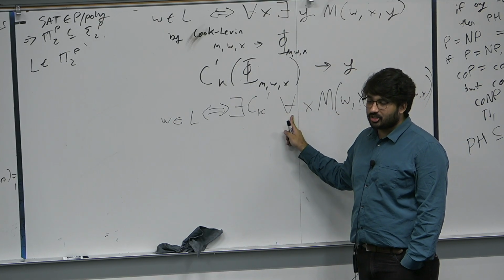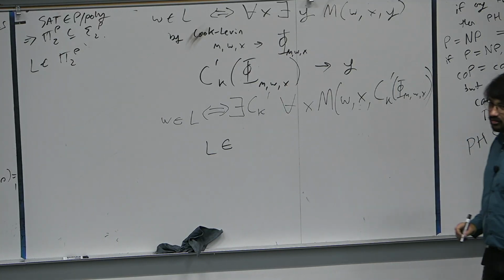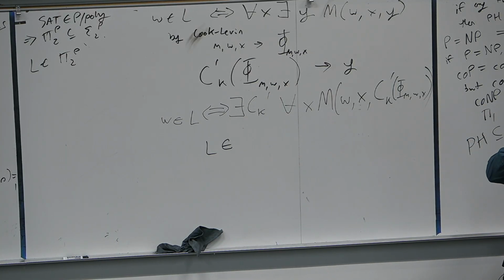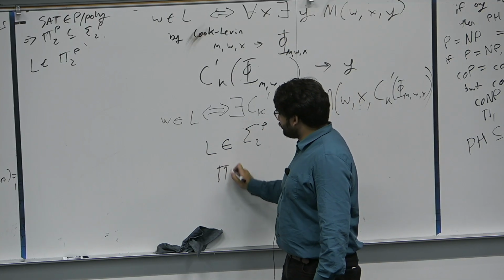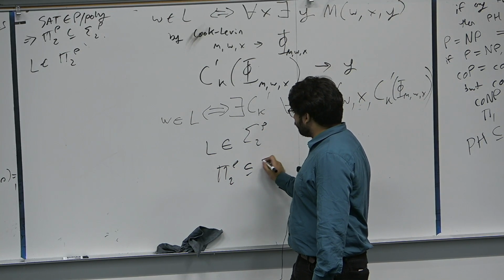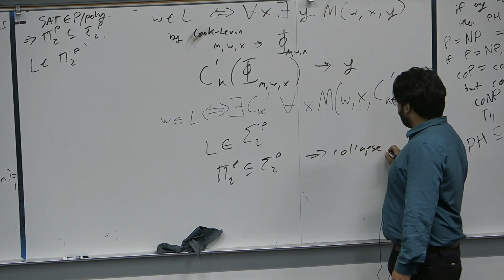So up to the logical definition, this tells you that L is an element of what? Sigma 2, exactly. So that implies that Pi 2 is a subset of Sigma 2, which implies collapse. QED.